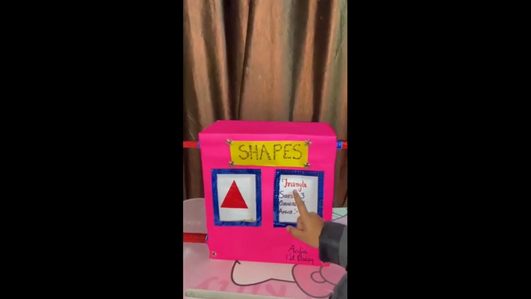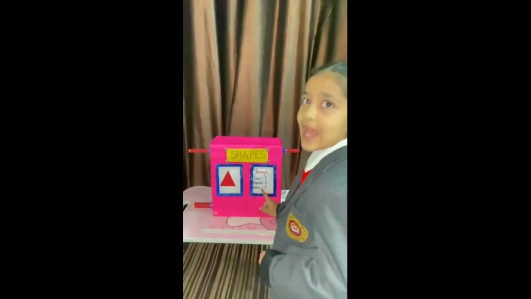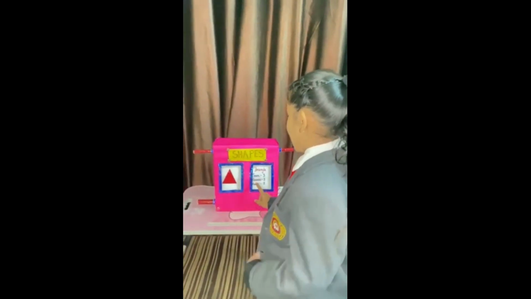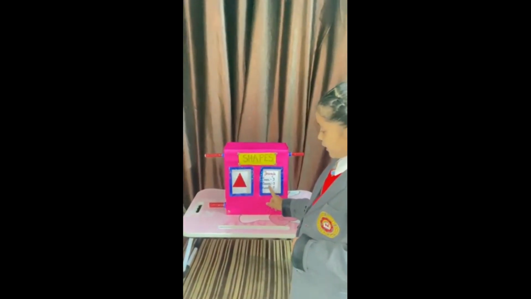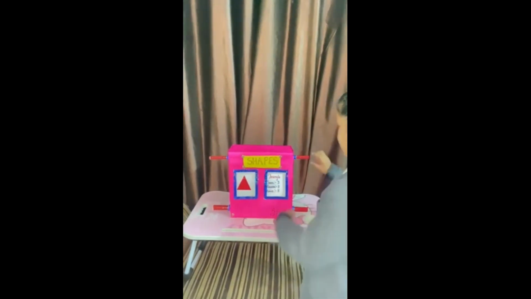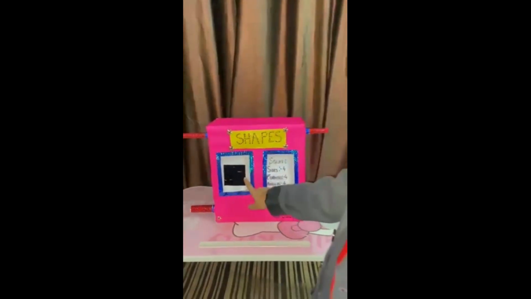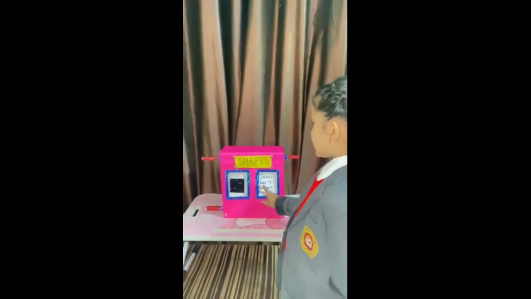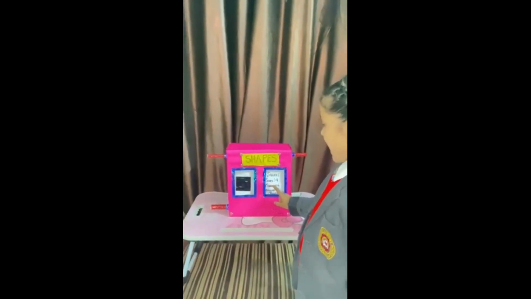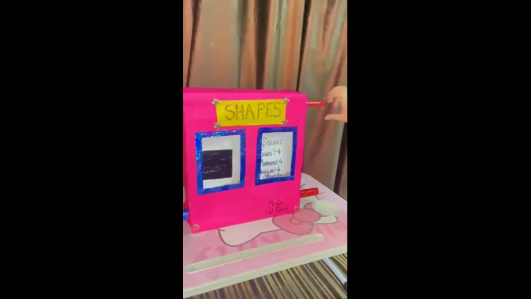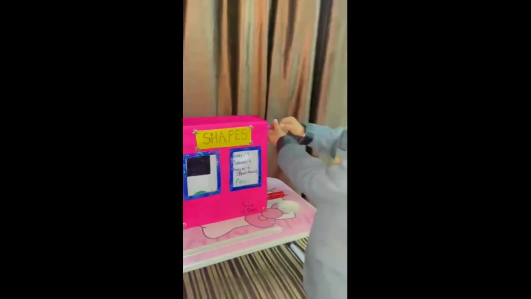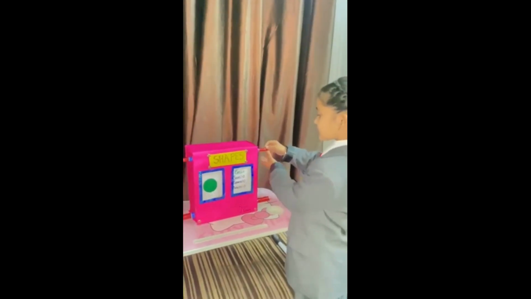This is a triangle. It has 3 sides, 3 corners and 3 angles. Now next, this is a square. It has 4 sides, 4 corners and 4 angles. Now next, this is a circle.